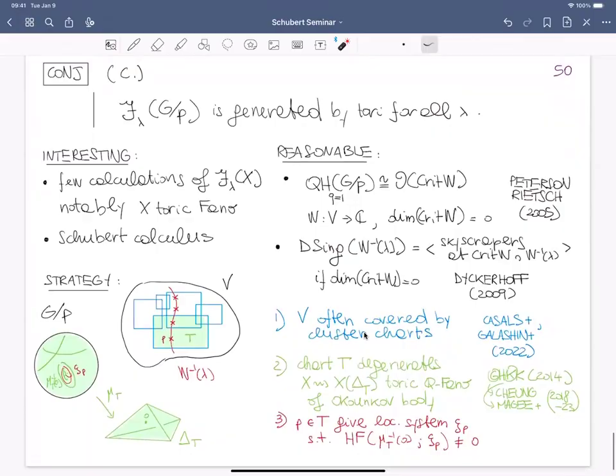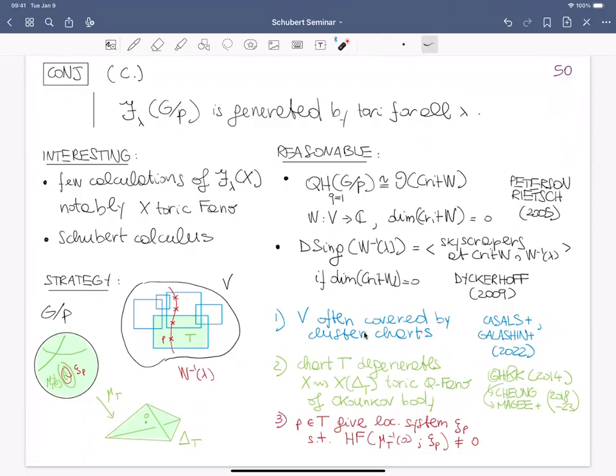Okay, and the conjecture that I've been interested in the past few years is the following: the Fukaya category of any homogeneous space, so all Grassmannians, but really any partial flag varieties as well, and not just type A, in any type, any G mod P, has Fukaya category generated by Lagrangian tori.